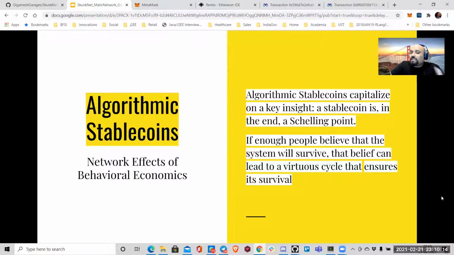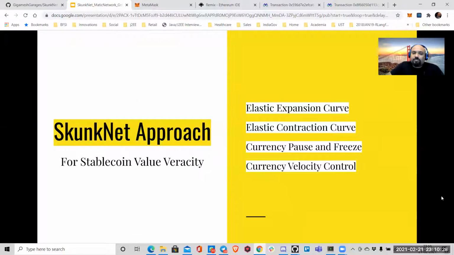That means if there are enough people who believe that a system will survive, that belief can lead to a virtuous cycle to ensure its survival. That's very much at the heart of the algorithmic stablecoins. So SkunkNet approach is making the expansion curve and the contraction curve elastic with configurable option to control, pause and freeze the stablecoin.